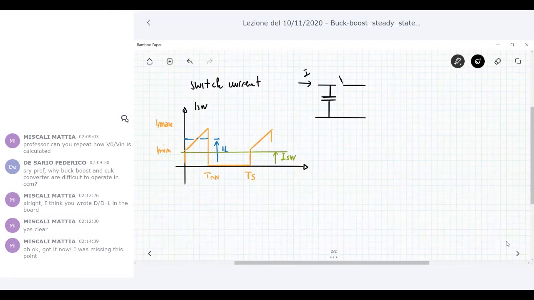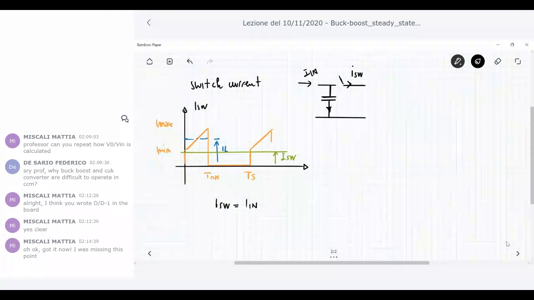Here you have the DC input current. No DC current can flow through the C-in capacitor. And so the average value of I switch is the same as the input current.